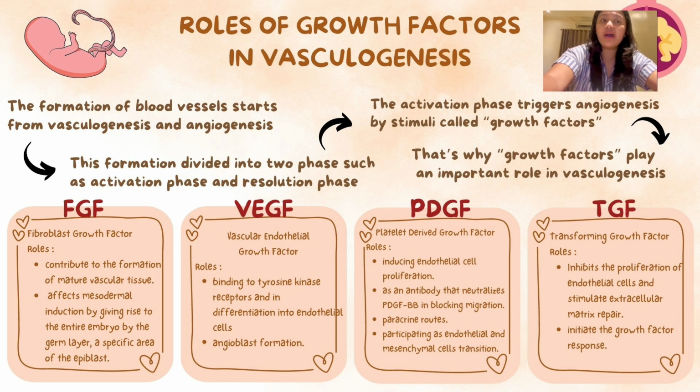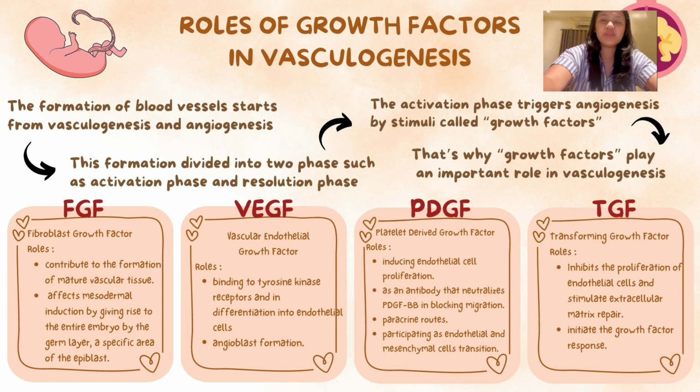VEGFR2 is expressed by hemangioblasts, which affects cell migration and will trigger endothelial cell differentiation. Meanwhile, VEGFR1 is not actively involved because it doesn't have a mitogenic effect and has a negative role in vasculogenesis. VEGF also plays a role in binding to tyrosine kinase receptors, which play an important role in the formation of veins.